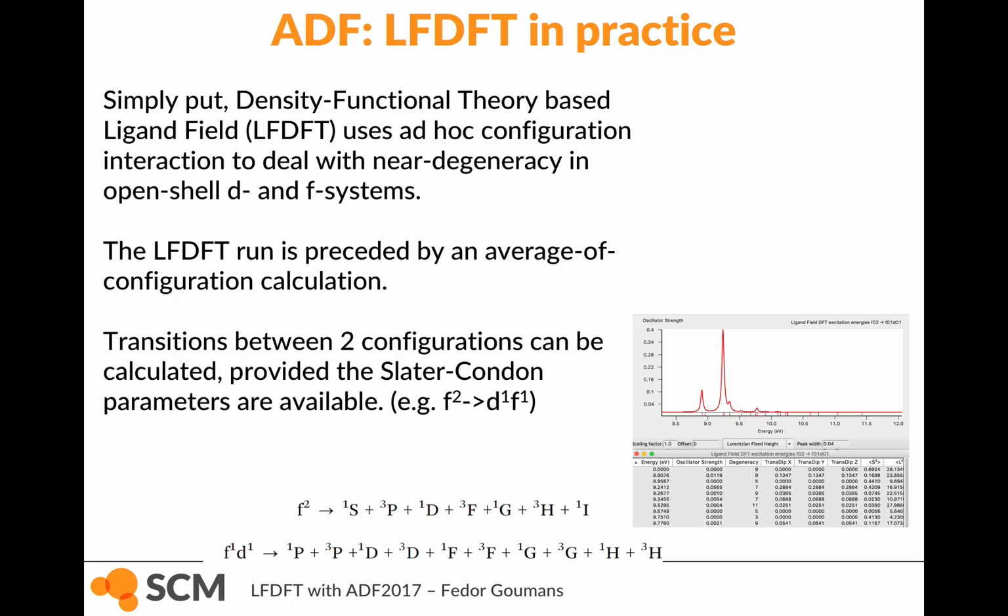And in order to do that calculation, one needs to be able to deal with spin-orbit coupling, which can be done quite efficiently in ADF with the ZORA Hamiltonian, and also be able to equally distribute electrons over this open shell in a so-called average of configuration calculation. And ADF happily deals with fractional occupation, so those two requirements are met and therefore can be a good starting point for running the Ligand Field DFT.